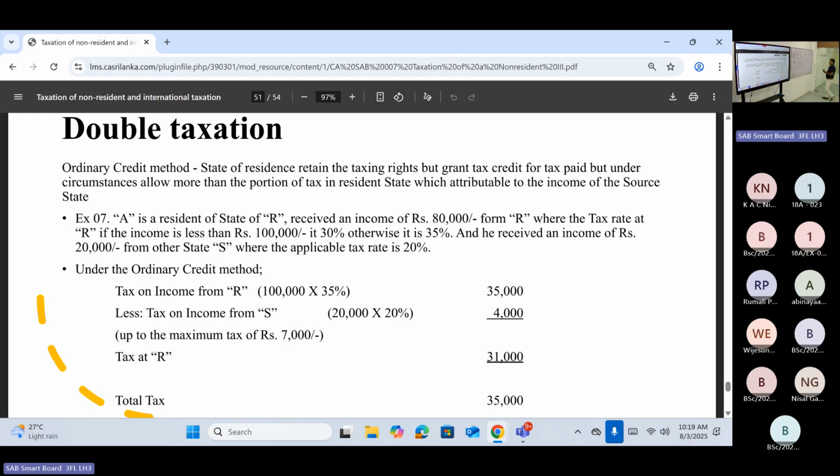This is the maximum; you can write it as the maximum credit level. This is the maximum tax rate limitation. That is all you get with that.